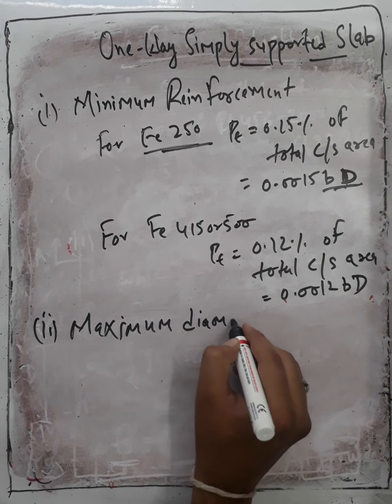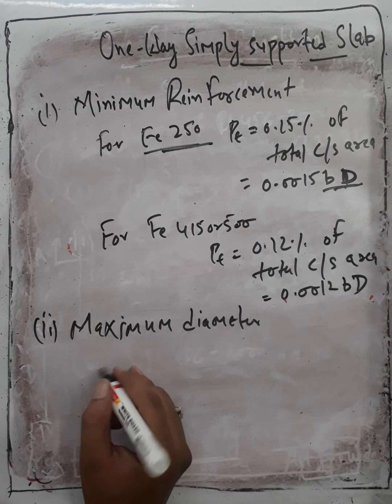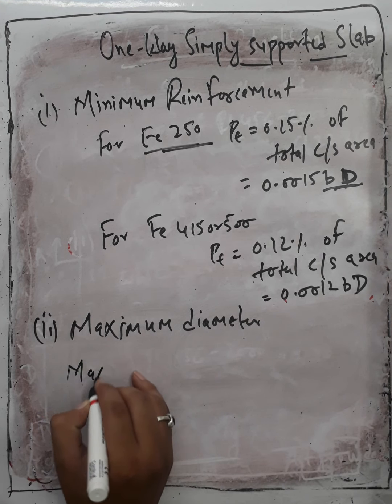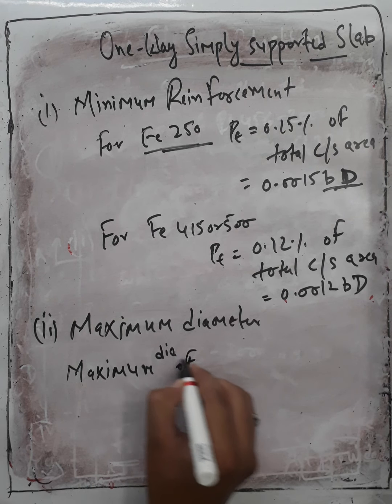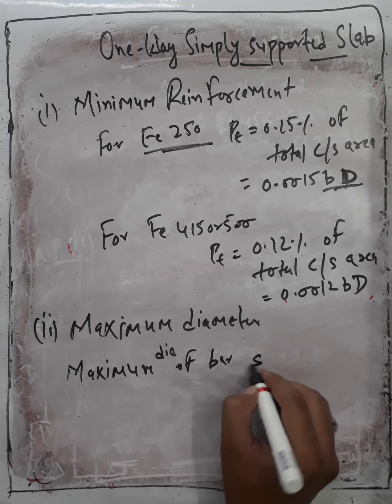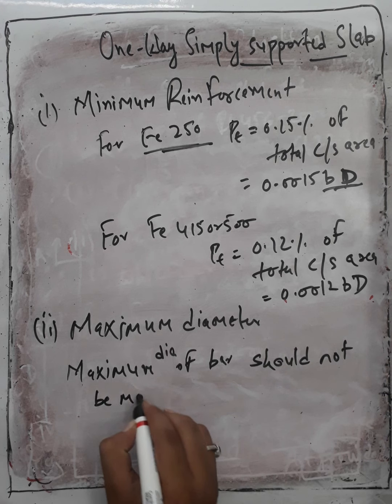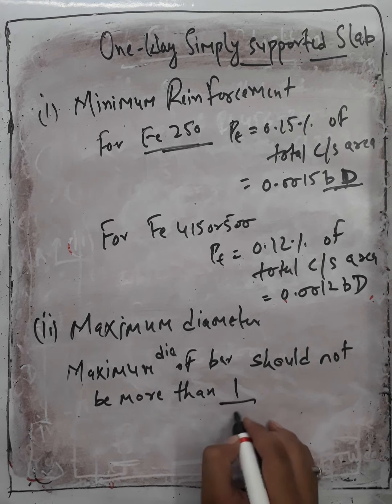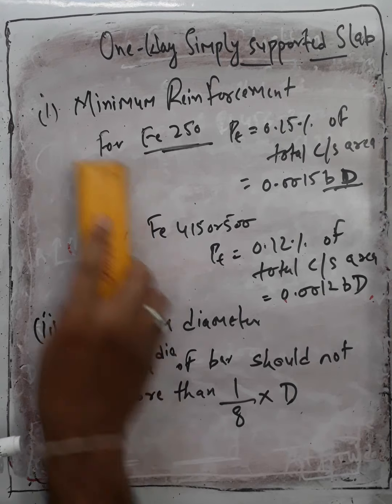Maximum diameter of bar should not be more than 1/8 into capital D, and you know that capital D is the overall depth of the slab.